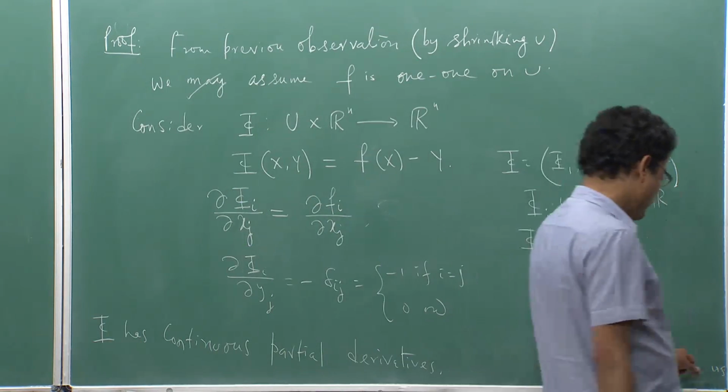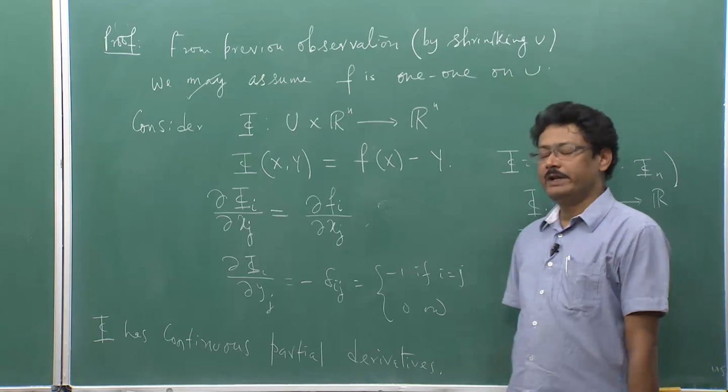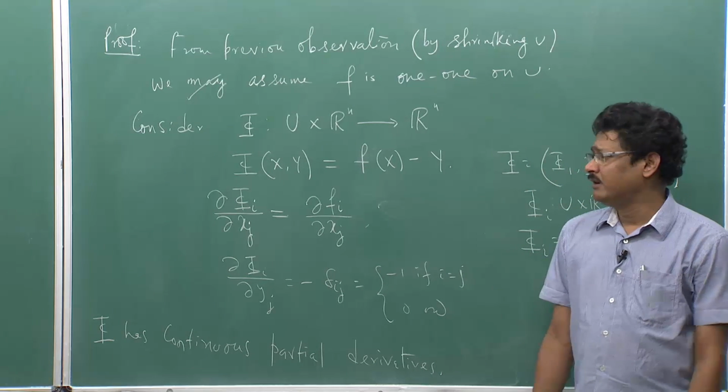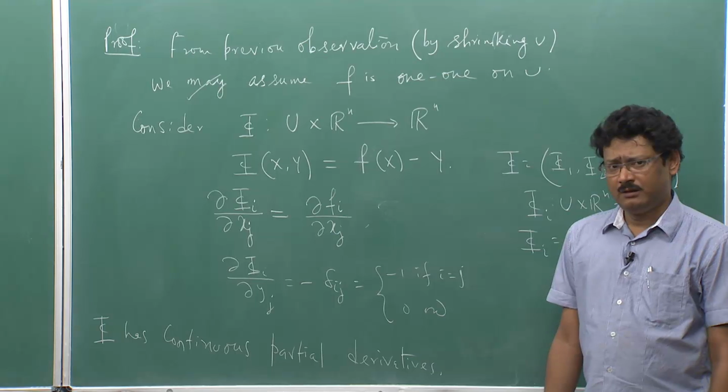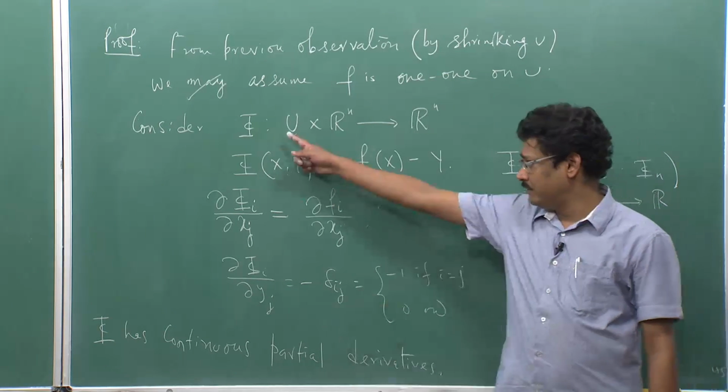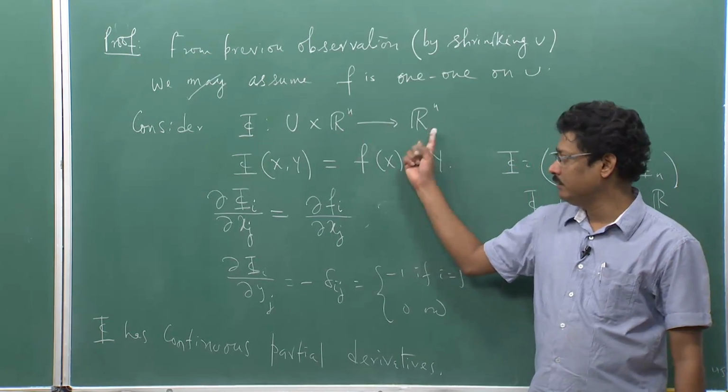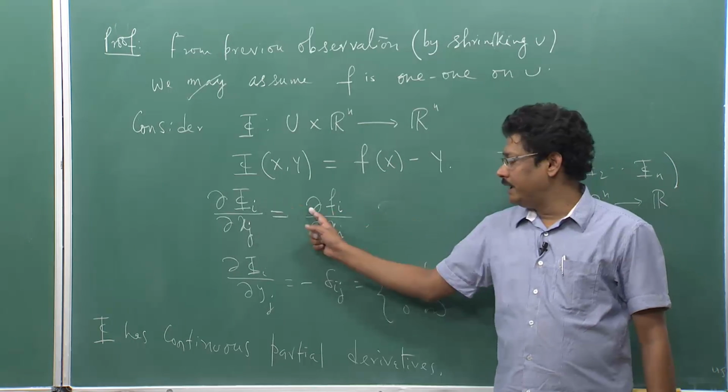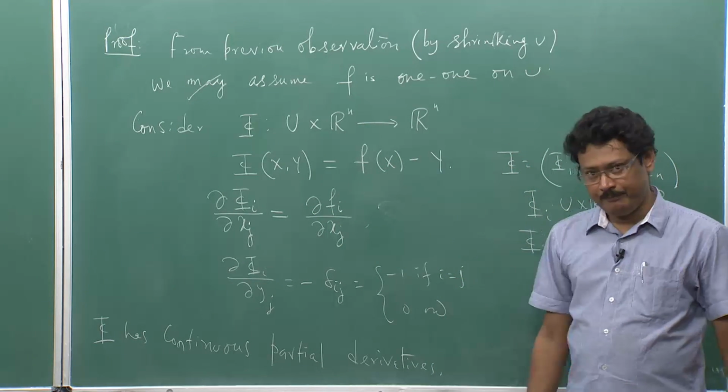Now, you see I have actually come to the setup of the implicit function theorem. Phi is from U cross R^n to R^n, with ∂φ_i/∂x_j equal to ∂f_i/∂x_j.